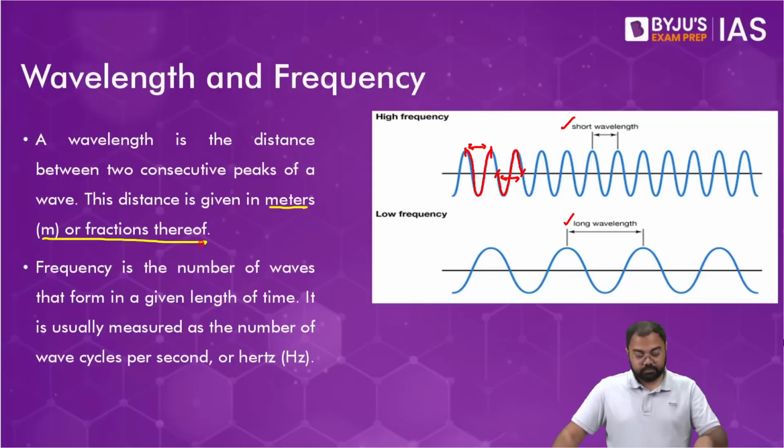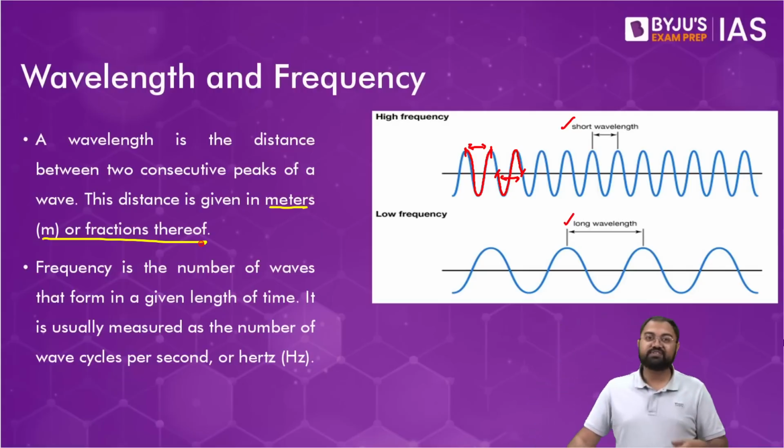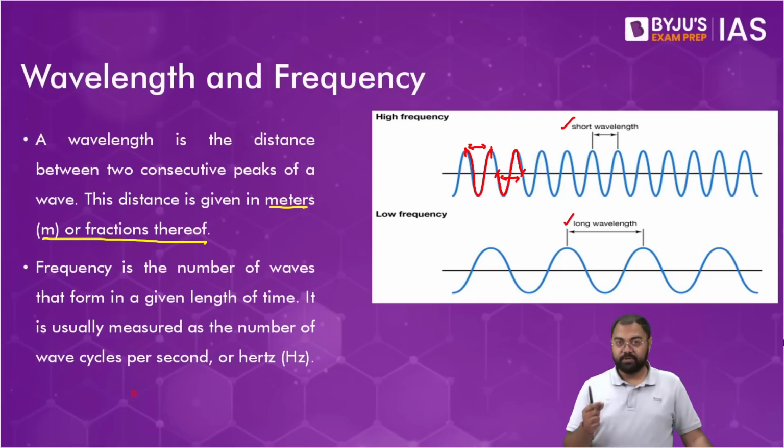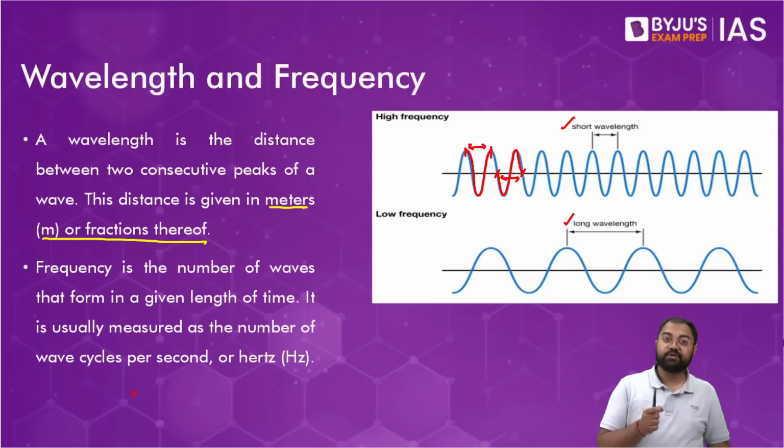So on one hand we have wavelength like this. On the other hand, when it comes to frequency, another term which is often related to wavelength, frequency is about how many waves pass through a given space in a given unit of time.